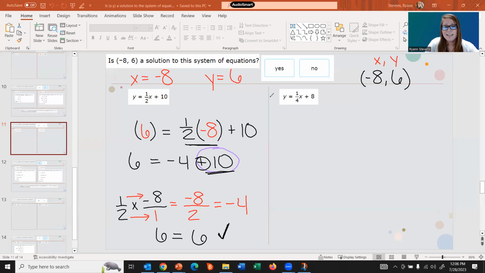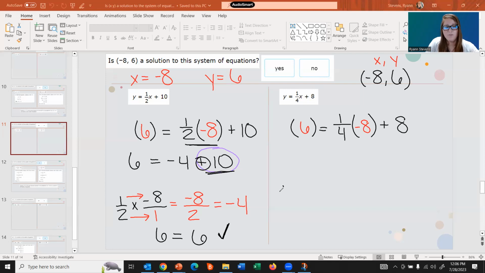Now we can look at the second system of equations, and we've got y. So we're going to plug in a 6 is equal to 1/4. Now we have our x, which is going to be a -8 plus 8. So we can look at this exactly the same as we did over here.